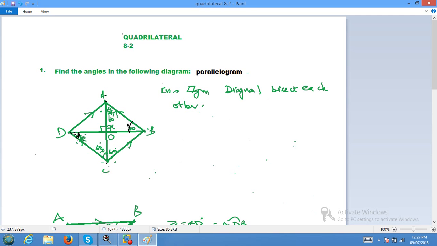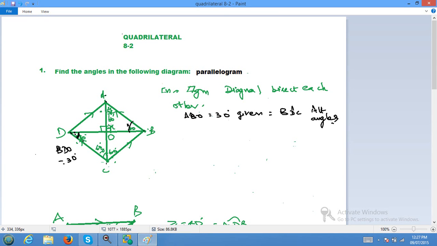So angle BDO is also equal to 30. This 30 is given. ABO angle is equal to 30 degrees, given, and it is also equal to BDC, because they are parallel, and alternate angles are equal.